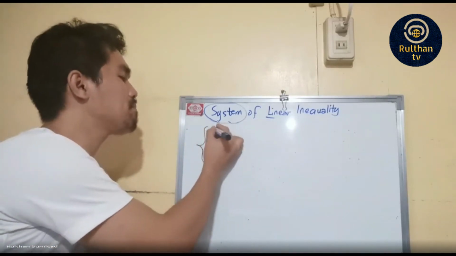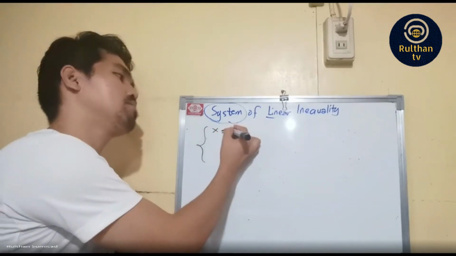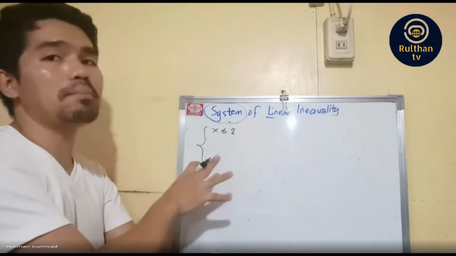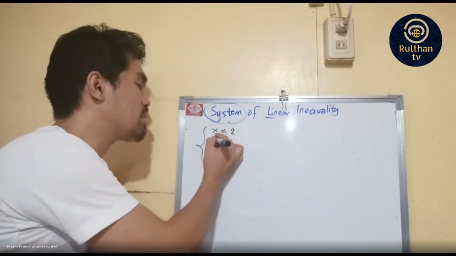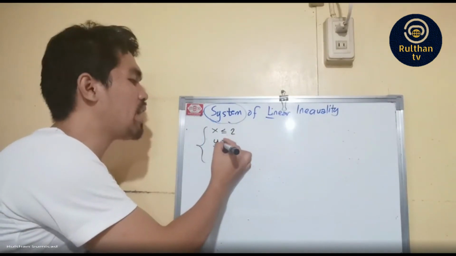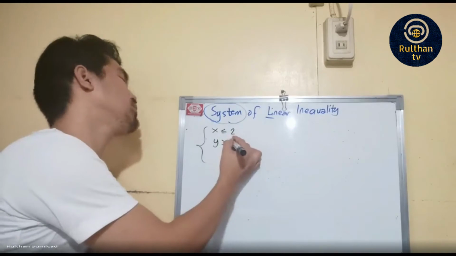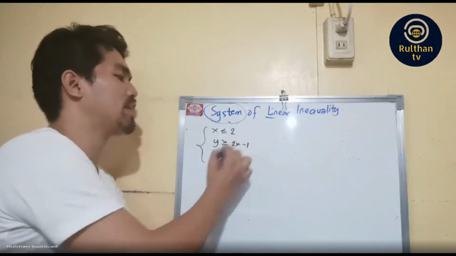Let's say we have x less than or equal to 2. I'm just going to use smaller numbers so that graphing later on is not that difficult. And then we have y is greater than or equal to 2x minus 1, for instance.